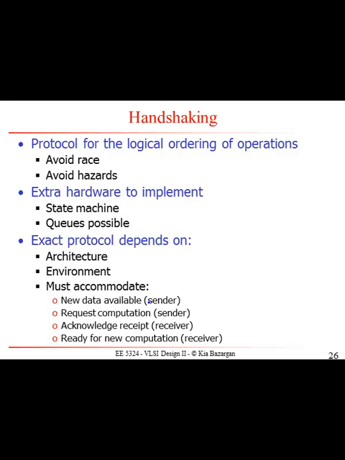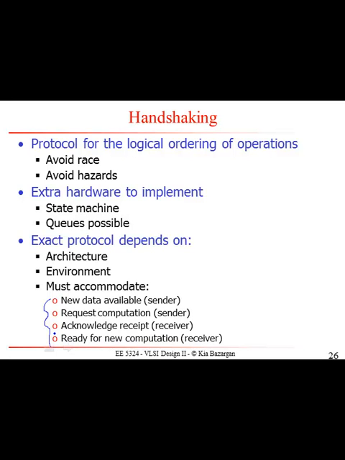And usually the type of signals you need to transmit, and I don't necessarily mean that you have to have four explicit signals, but you need to convey these four events here. The sender has to say, I have new data available, go ahead and fetch it in your register.